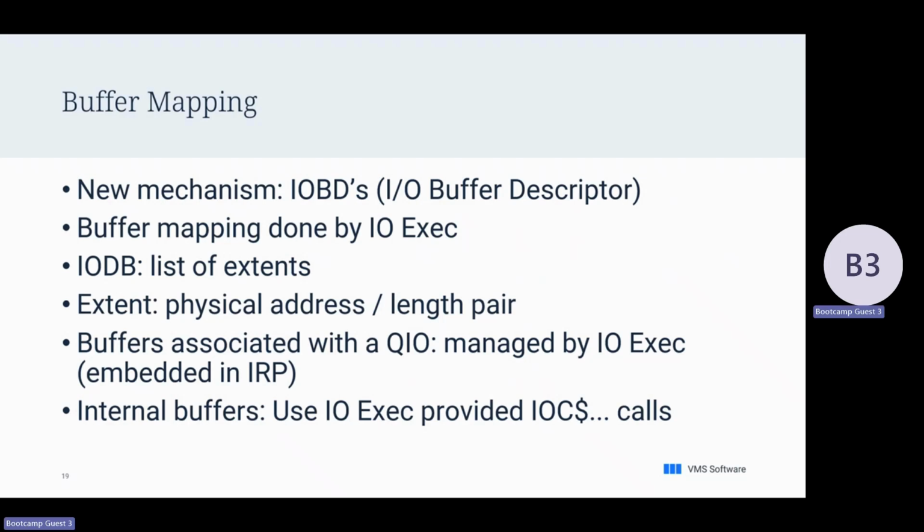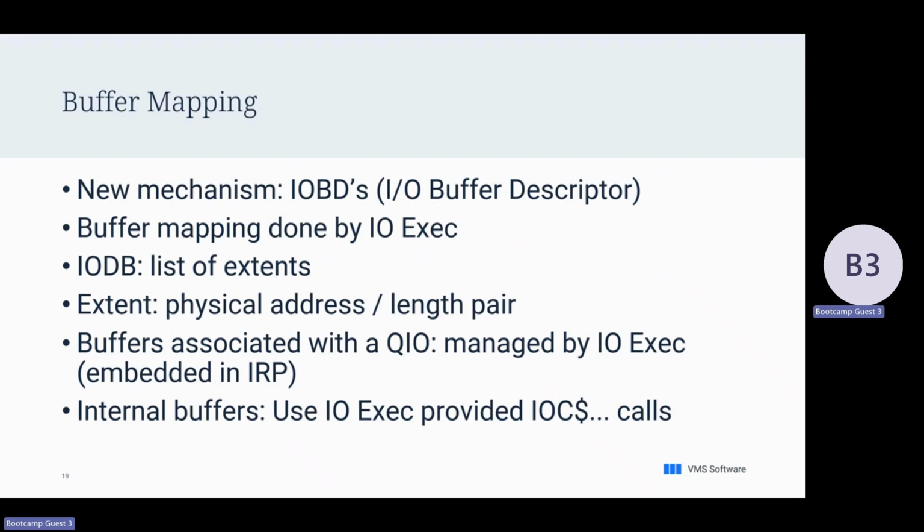If your IO buffer is associated with a QIO, someone has asked for a QIO and it goes through the IO exec and then it comes to your driver, the IO exec is managing those buffers and it will already have filled in those IOBDs into the IRP it hands to the driver.